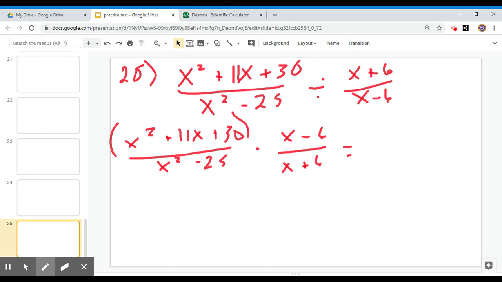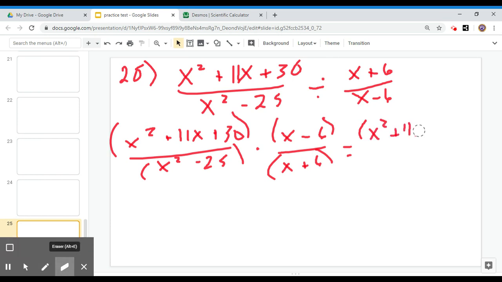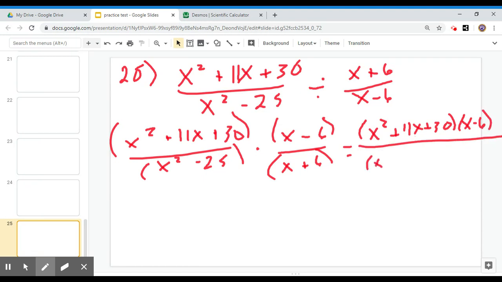Let's do the multiplication before we factor this time. So put all these in parentheses, multiply x squared plus 11x plus 30 times x minus 6 over x squared minus 25 times x plus 6.